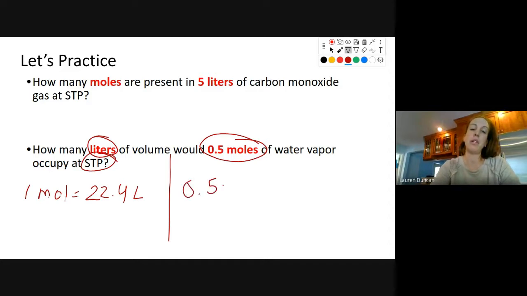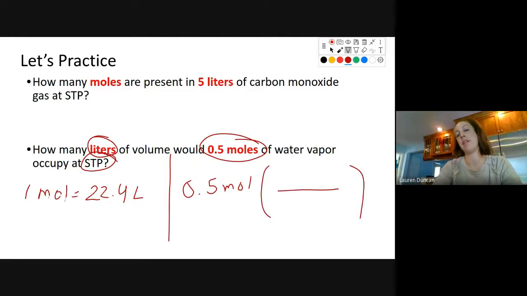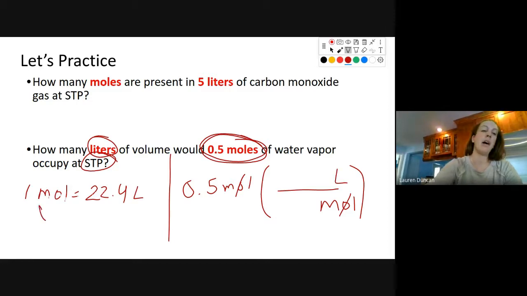I would encourage, though, for most of us, a dimensional analysis setup where we take the moles we're given in the problem and put them on the outside. The unit moles would go in the denominator this time, so it cancels. I want liters of volume, so that would go in the numerator. I use the relationship that there are 22.4 liters of volume for every 1 mole of gas at standard temperature and pressure.